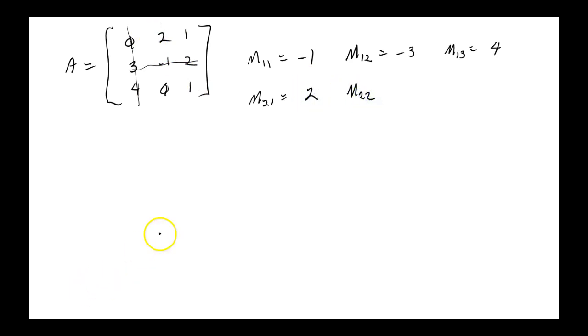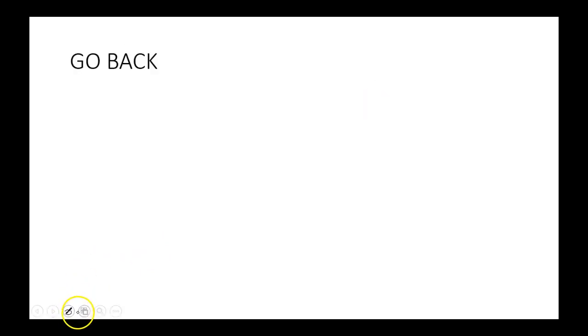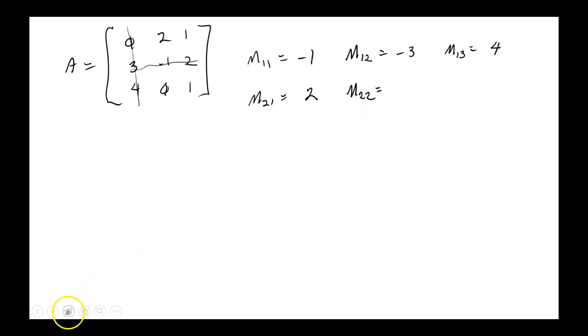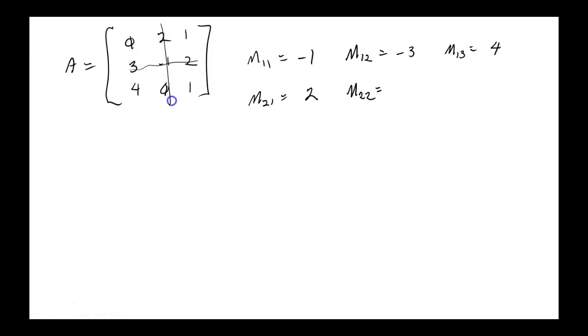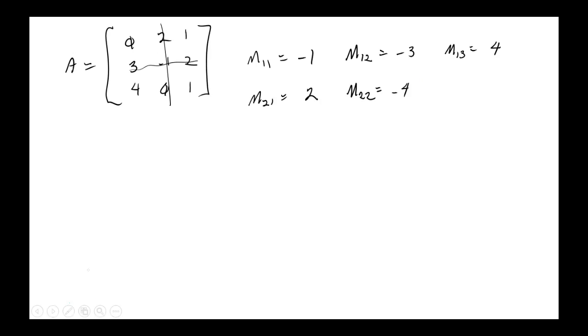M22: we'll erase the first column there, keep the second row wiped, and wipe out the second column. That would be 0 minus 4. After a while, you don't need to wipe them out. I'm going to keep doing it just so you get used to it.